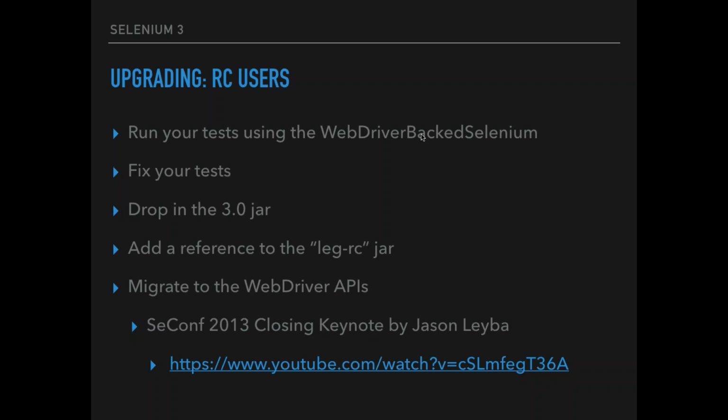Now, because the implementation is very different, there are probably going to be a couple of hiccups. Things where we have noticed problems have been around the handling of alerts and prompts, particularly since with Selenium, you had to know in advance that an alert was going to appear, and then say, on the next alert, do this, on the next prompt, here's the reply.